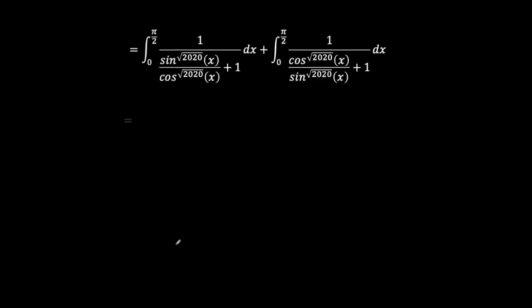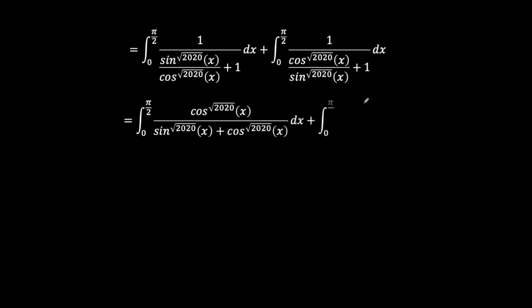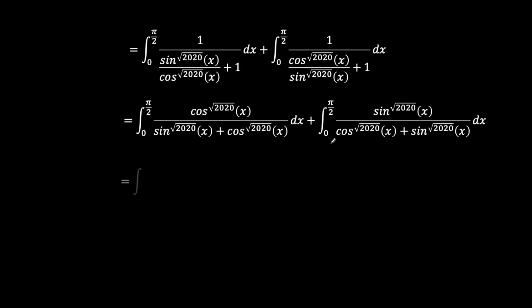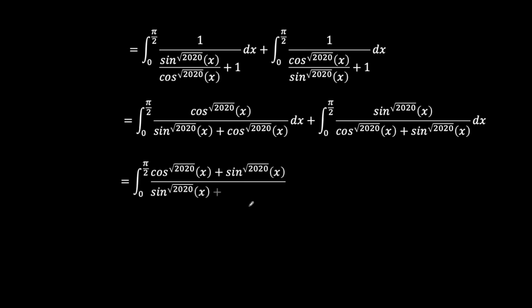What happens here is that you multiply with cosine in the numerator and denominator, and here you multiply by sine in the numerator and denominator. And then you add the two integrals. You realize that the numerator and the denominator are the same, which obviously cancel.